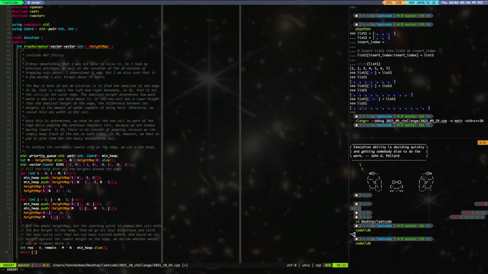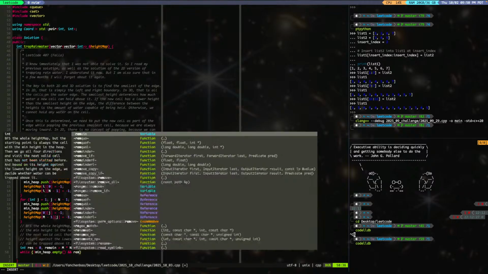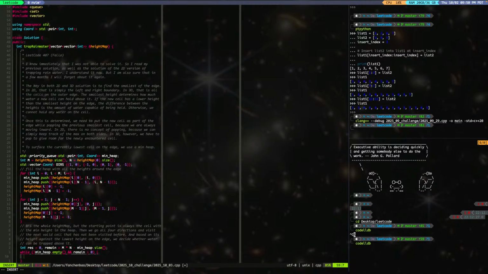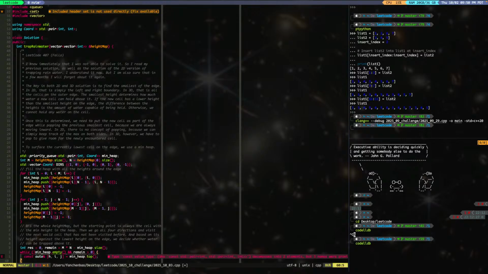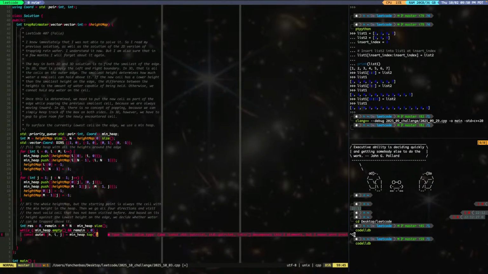So while main heap dot not empty and remain is larger than 0, auto const auto this height ij equal to main heap dot top. Yeah, I guess it's not possible. That's fine.